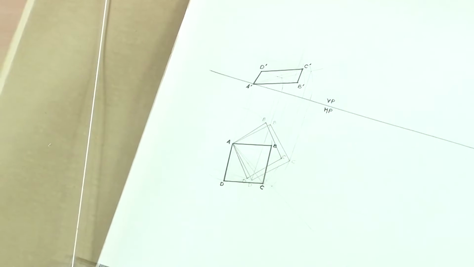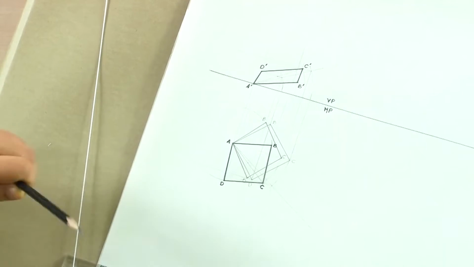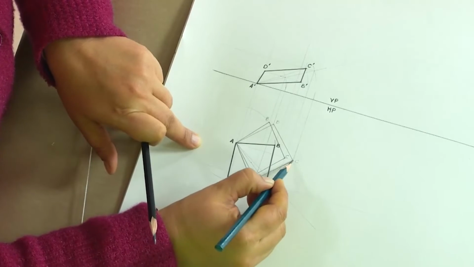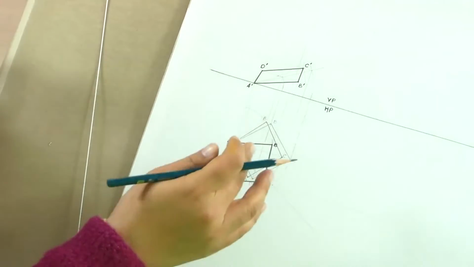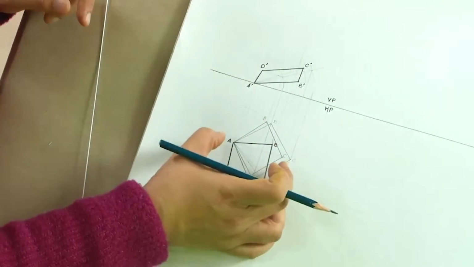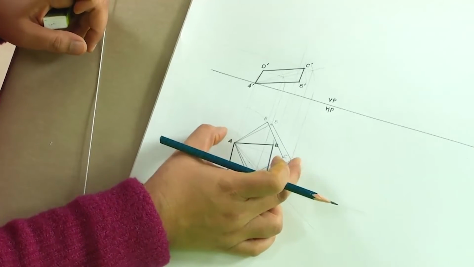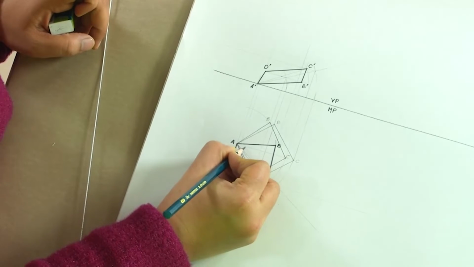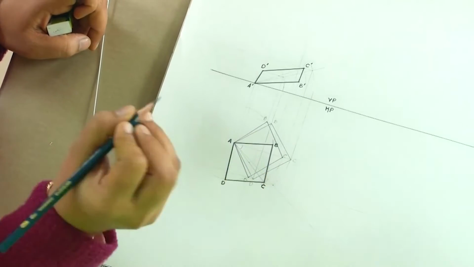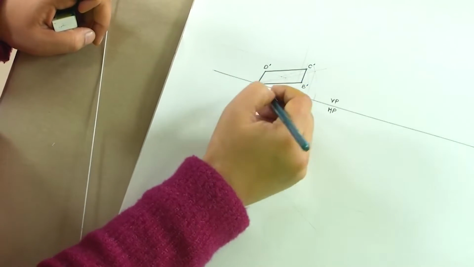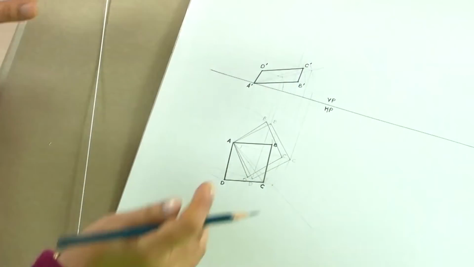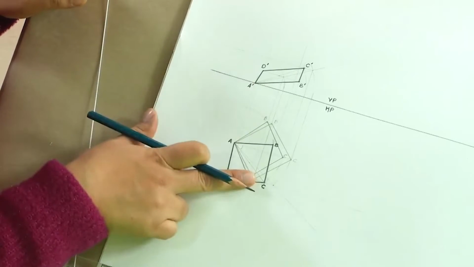Now, just see what we have done. We started with this diagonal AC because the inclination of this plane could be determined by using this diagonal AC. This diagonal AC was inclined at 30 degrees to VP and also 30 degrees to the HP, which is what we have just drawn here.